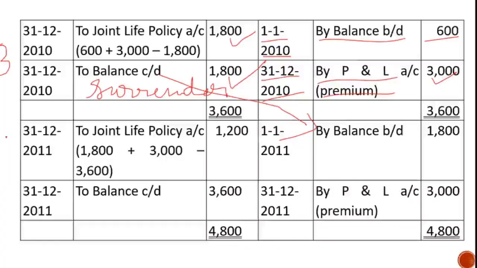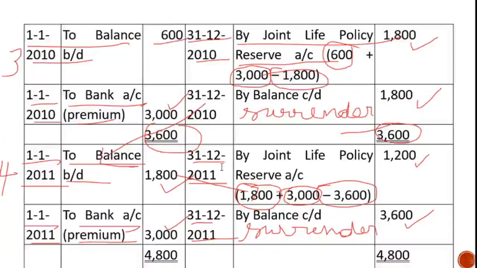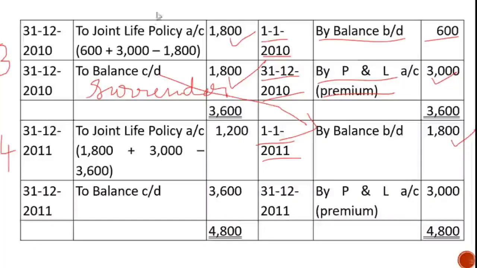At the beginning of the fourth year, record by balance brought down 1800. Then in the fourth year, while preparing the joint life policy account, we recorded by joint life policy reserve account 1200. That will now be transferred to the reverse side, so 1200 will be recorded on the debit side.